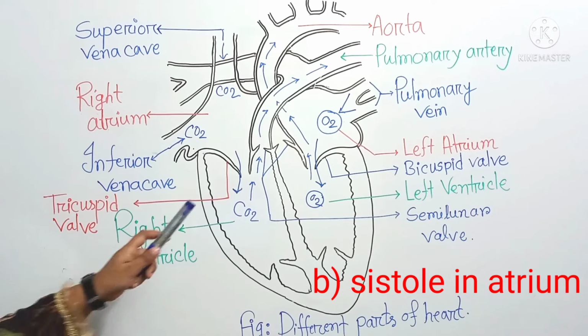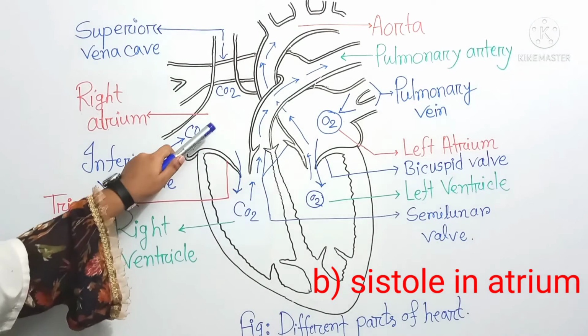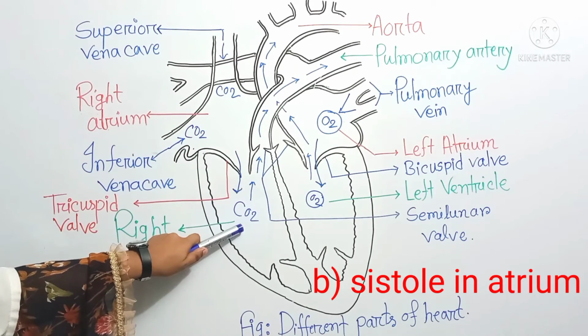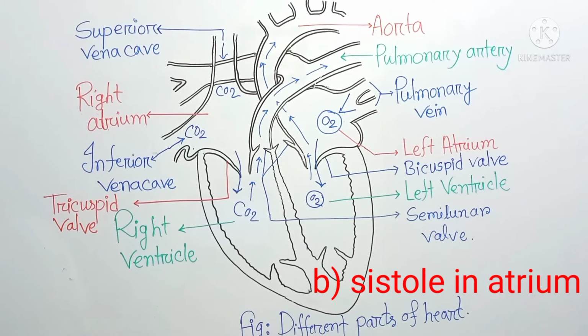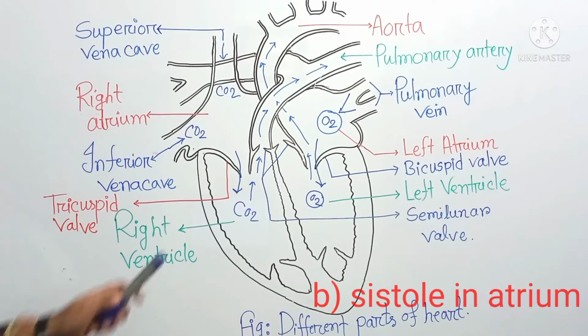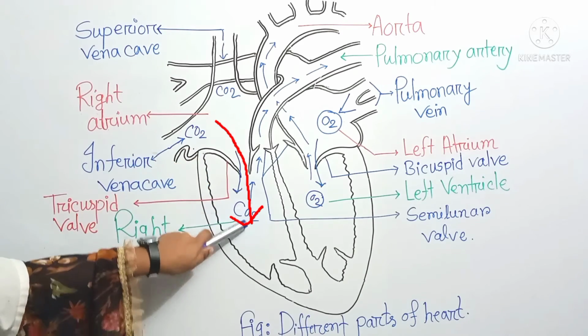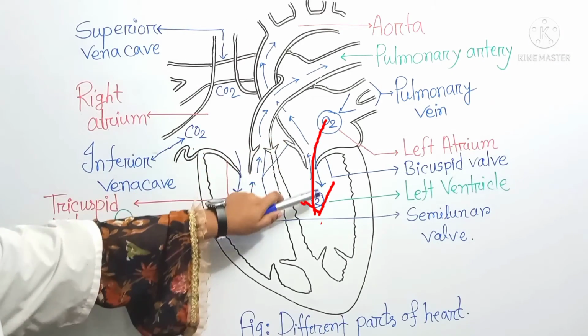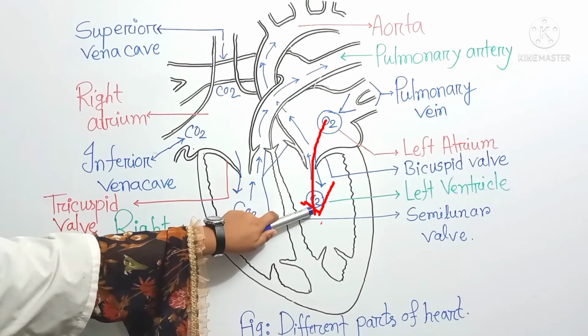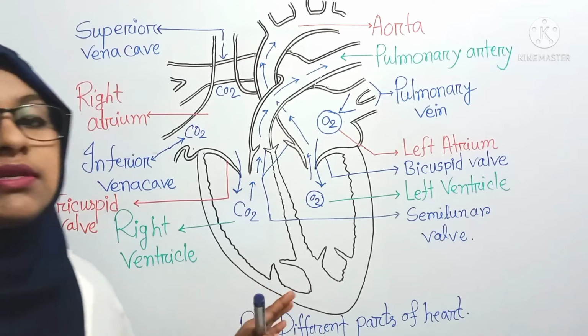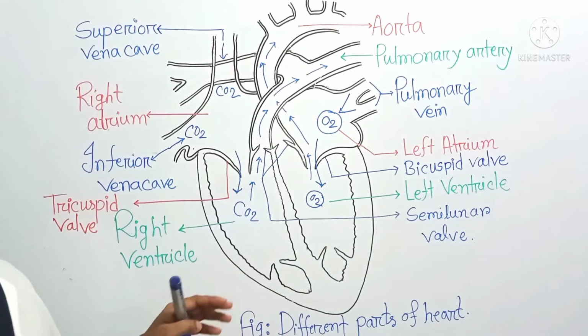Carbon dioxide rich blood from the right atrium comes to the right ventricle, and oxygen rich blood from the left atrium comes to the left ventricle. This stage is called systole of atrium.